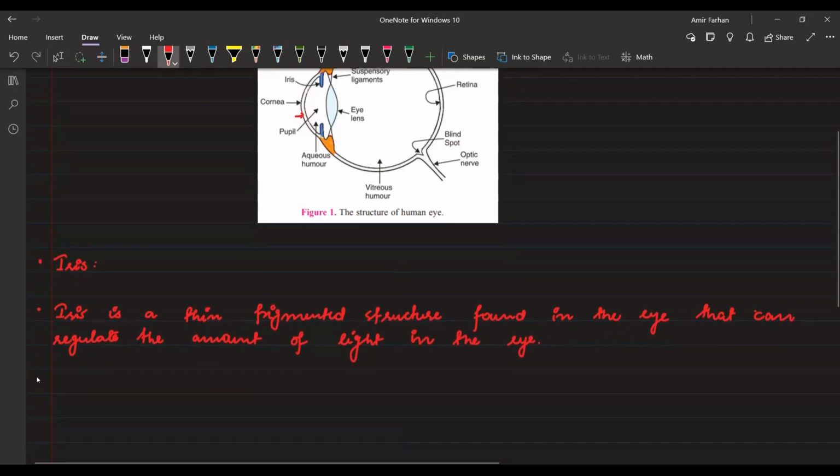And one more thing: we have different colors of eyes. The iris gives the idea of what color the eye will be. It determines the color of the eye.